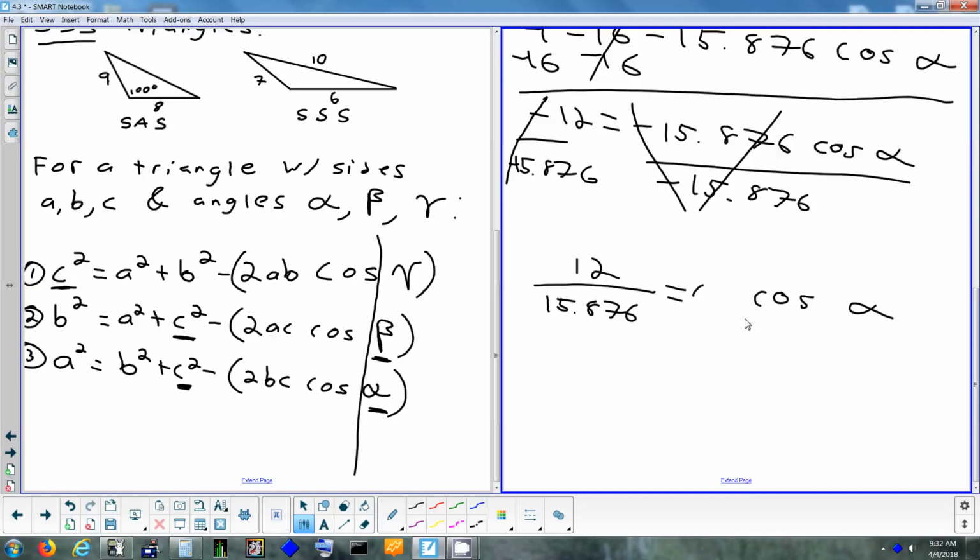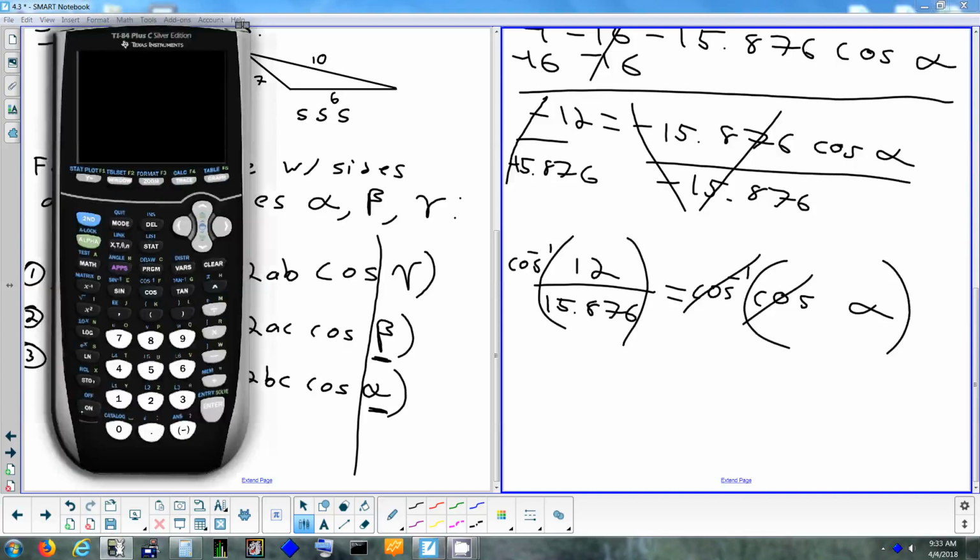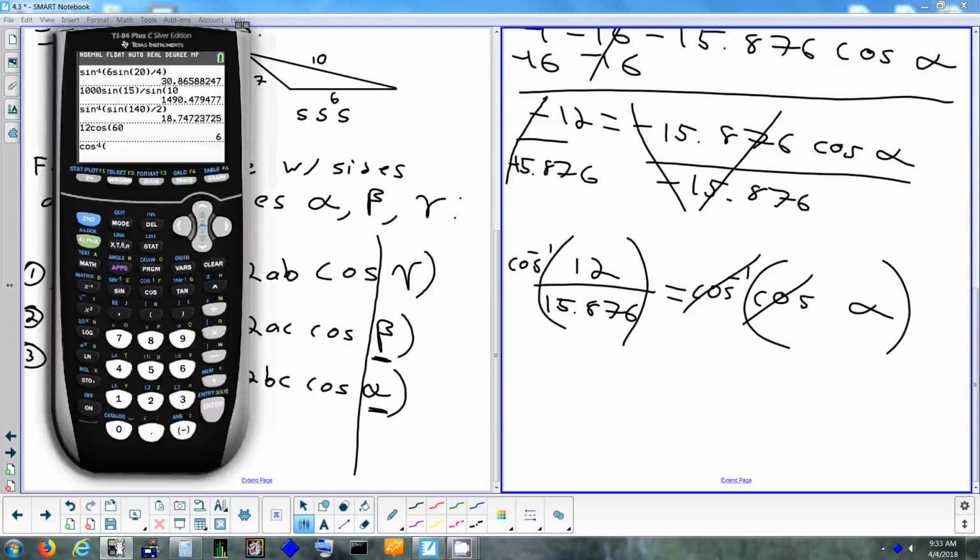Okay, so my last step. Just like we did with law of sines, to get rid of the trig function, use the inverse. This time it's inverse cosine. All right, so inverse cosine of 12 divided by 15.876.